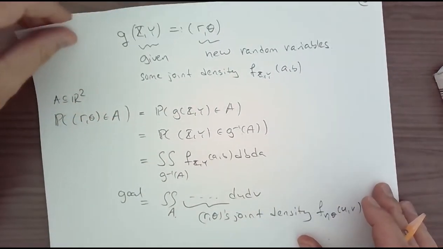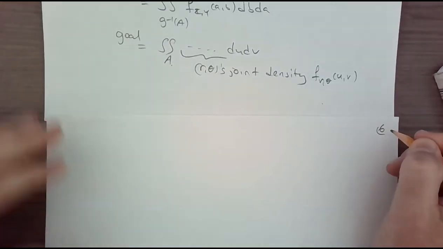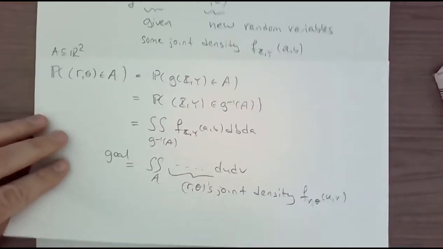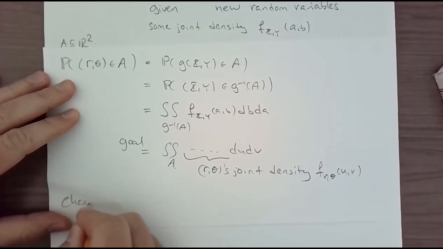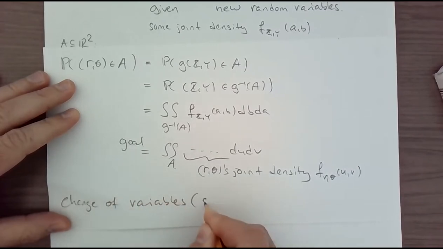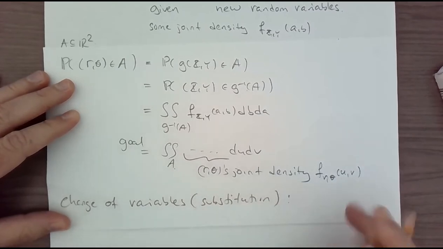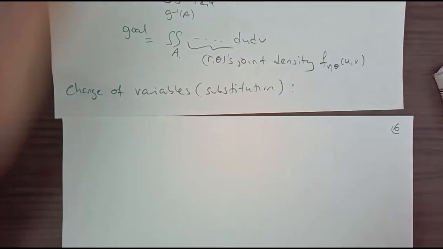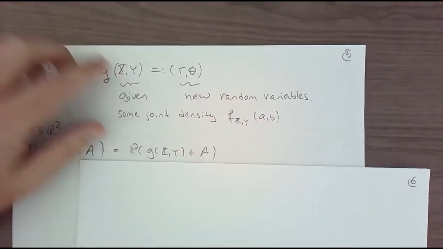And how would one go about doing it? Well, we do a substitution, a change of variables. What kind of substitution are we talking about? It's going to be something with that g up here.